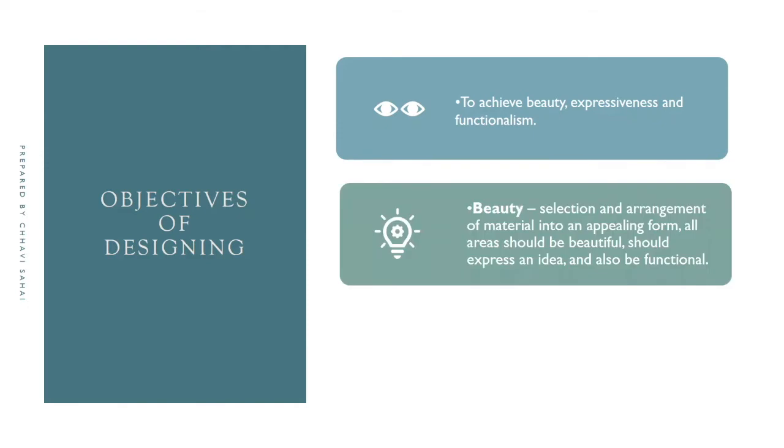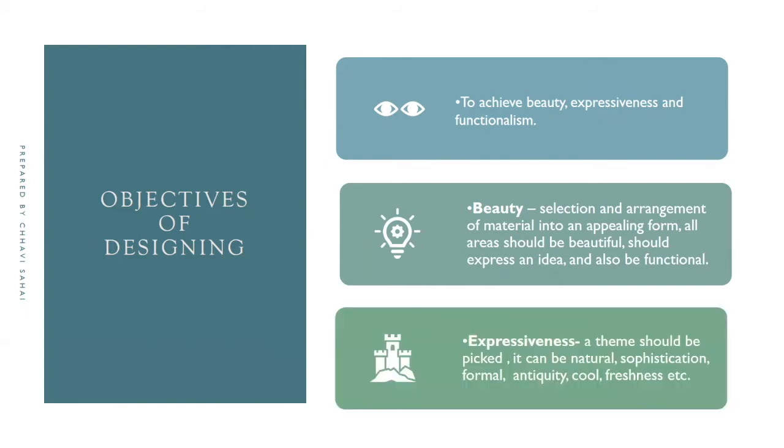Moving ahead, we discuss the beauty aspect, which is that it should be appealing in all its forms. All areas that we design in the hotel should be beautiful. They should express the central idea, whatever we are trying to convey through design, and also it has to be functional.